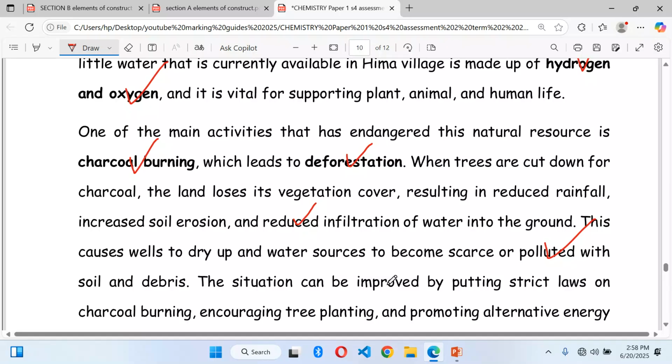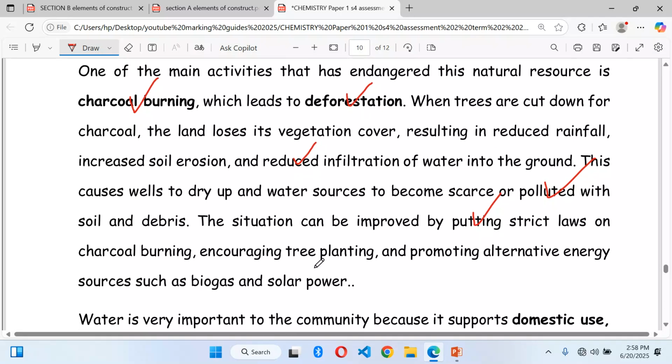The situation can be improved now. Here we are coming to mitigation. It can be improved by putting strict laws on charcoal burning. Another way, encouraging tree planting and promoting alternative energy sources such as biogas and solar power. So those are different mitigations we can put. I normally call this point a pregnant point.